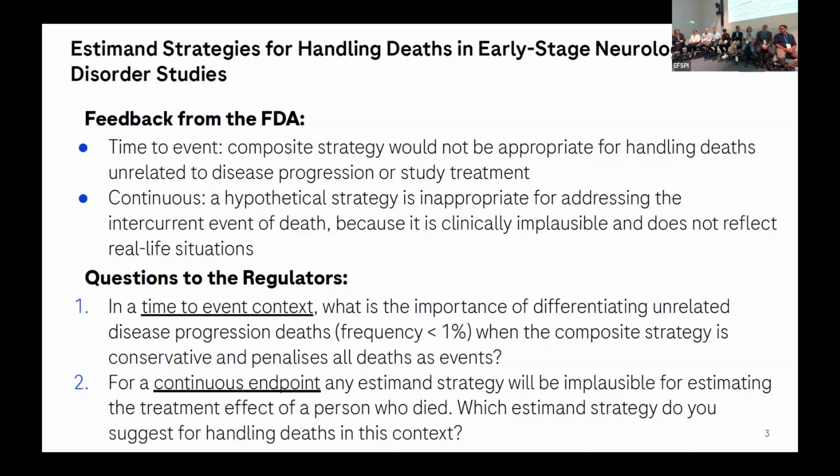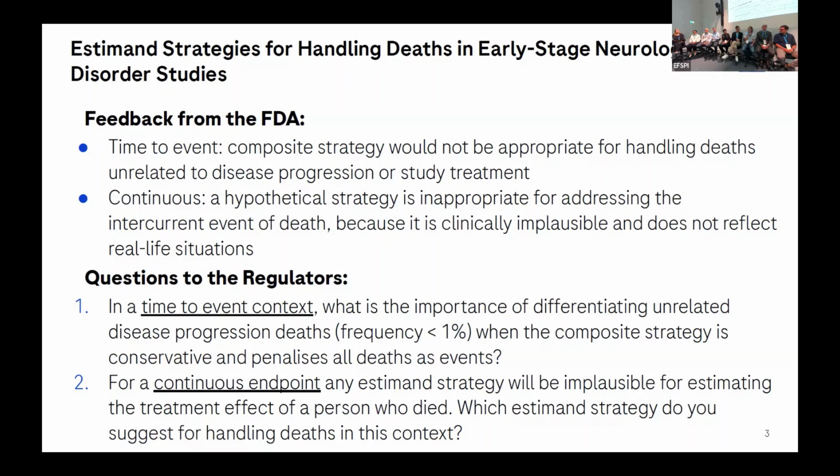Or you could also use a composite. For analysis, this may be similar to considering 0 or whatever as a true value, because then maybe deaths are outliers and it may be more natural to use a rank-based analysis. Although this, of course, causes problems with interpretation of the treatment effect.